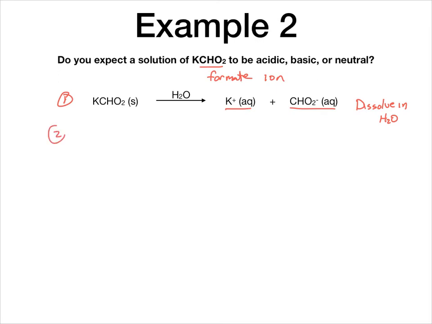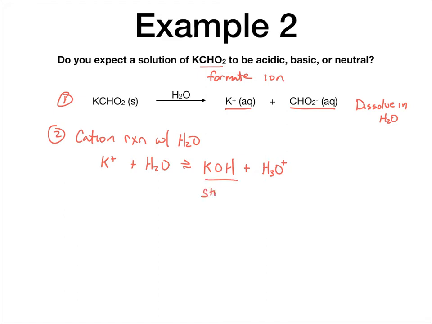Step 2 is how the cation reacts with water. My cation is potassium. If the cation were to react with water, it would form KOH plus H3O plus.